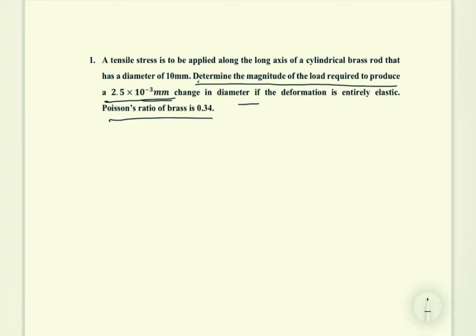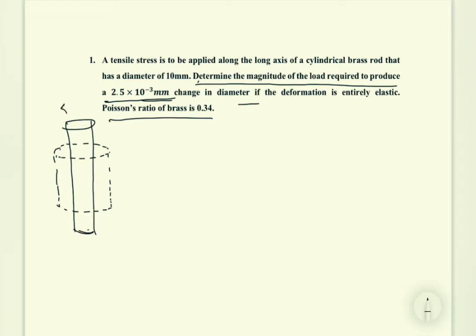For these kinds of problems, it is sometimes better to draw the diagram. Initially the rod is like this, then it will be elongated. That means the diameter is reduced.